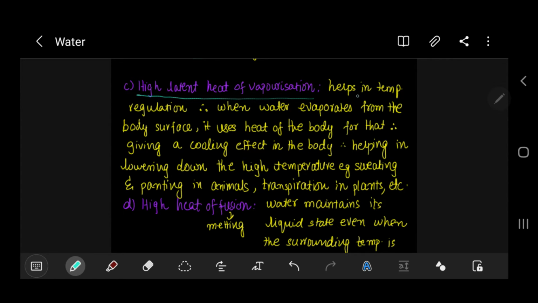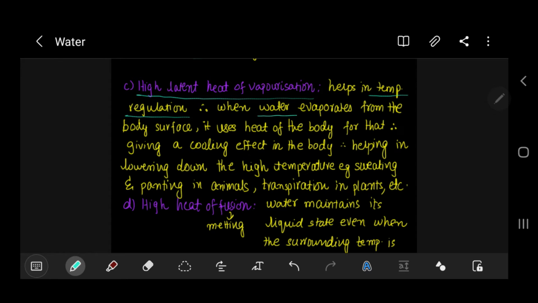This basically means that a very high amount of energy is needed to transform water to water vapor. Okay, now what's the significance of this? The significance of this is again in temperature regulation. And how? Let's see.